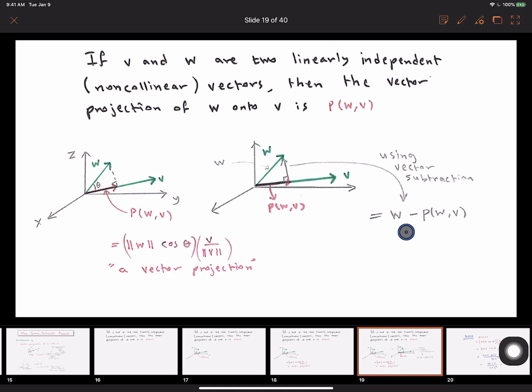It's going to be W minus PWV. Hopefully you could see the arrows, and that should show it to you. That's one reason I had the introduction, because I don't want to explain the subtraction right here. If you need more help, just go back and look at the addition and subtraction from introduction number 1.